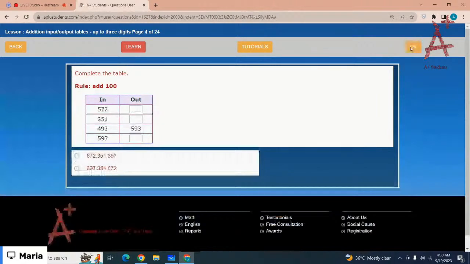Complete the table. You have to add to each input value to complete the table. So which is the correct option? Yes, it is. Option number one, 672, 351 and 697 is the correct option, right?